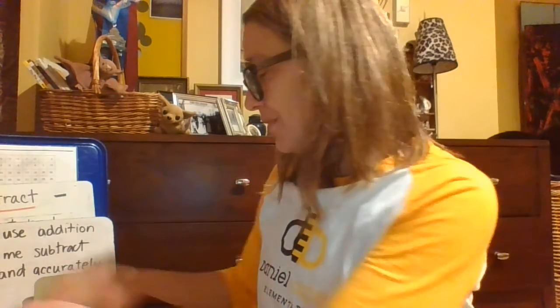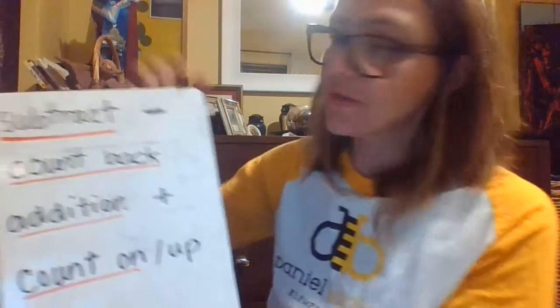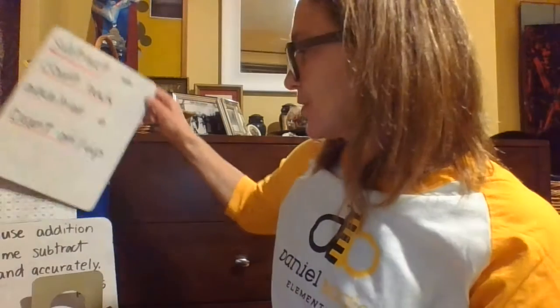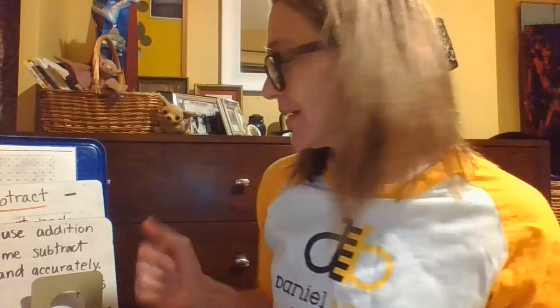The last time we had a lesson, we learned about subtraction and using the counting back strategy or the counting up strategy to find the difference, which is the answer in a subtraction problem, the difference between the two values.